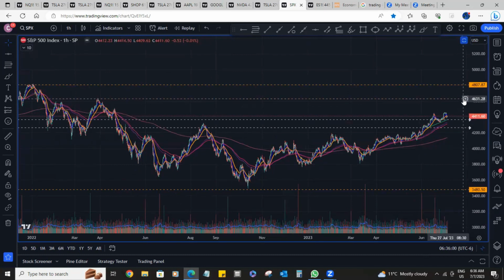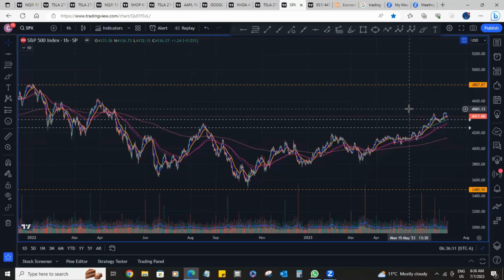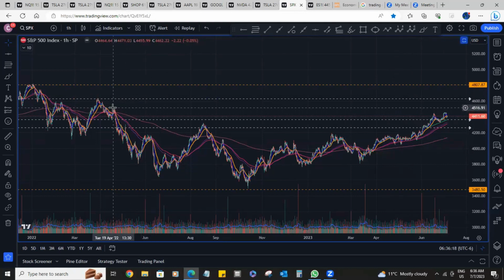The way you set an alert with TradingView is you go to the right-hand side, push the button, and it says add alert on SPX 4631, say 28, which is close enough. We also have one right here, pretty close. If we don't drop here, we might see that. So it's 45.16.